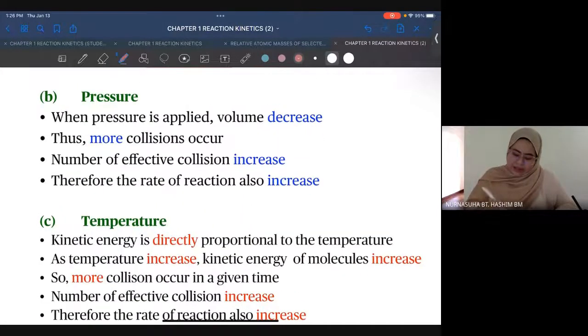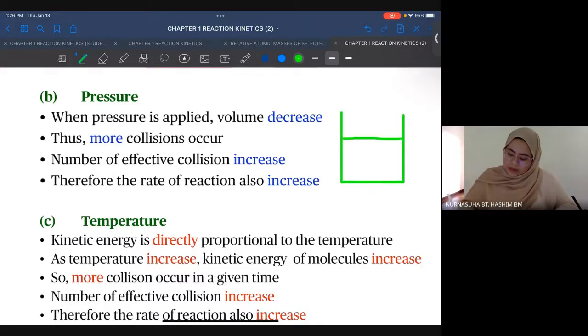Okay, next is pressure. Okay, when we apply pressure, what happen is, madam ni sangatlah tak pandai melukis. Okay, cuba you imagine, you tekan this one, kita panggil shrink.